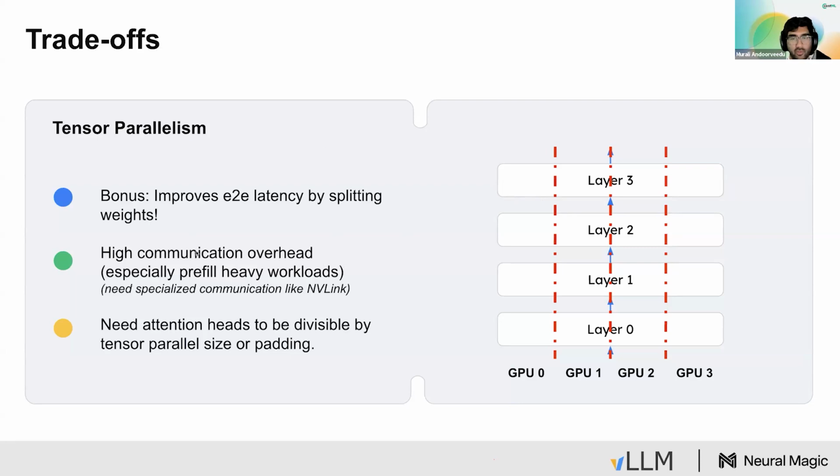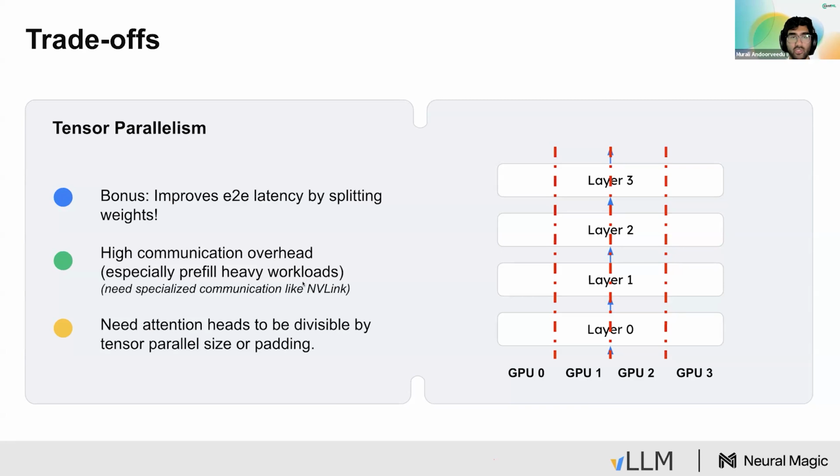When it comes to specific workloads as well, for example, prefill heavy workloads, if you combine this with poor interconnect, even within a single node, you can see poor performance, right? I had a workload where I used tensor parallelism on 4 L4s, which don't have NVLink, and there was a prefill heavy workload where you could see more than 60% of the time was spent in these all-reduce operations within prefills.